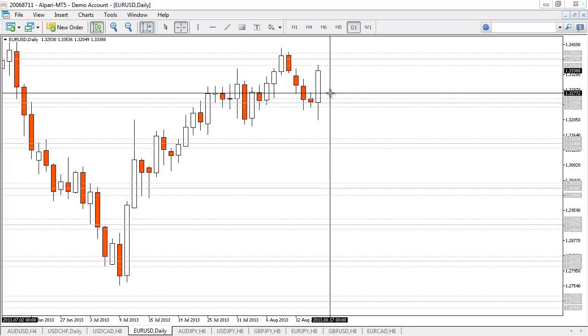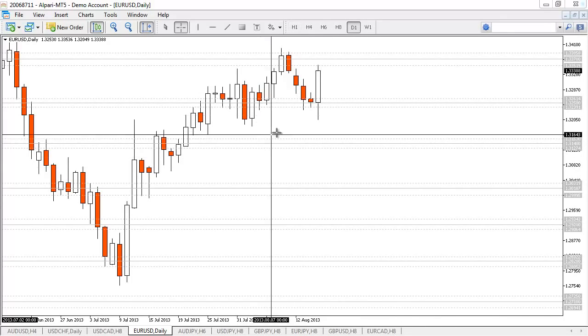But for the most part, I don't tend to pay too much attention to the news, because if you start staying out of the market every single time there's a red report on Forex Factory, you're going to miss so many trading opportunities. And the other thing is, news tends to be factored in well before the actual release comes out.